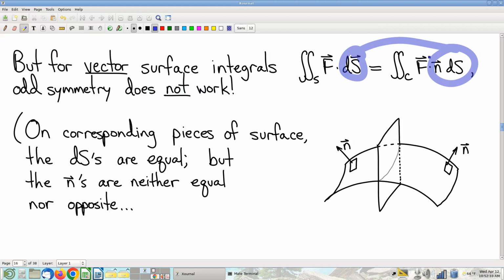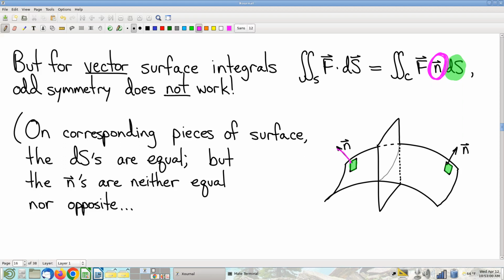I've got my orientation vector, I've got my dS scalar, and you can make a persuasive case that on opposite sides, this little piece of area and that little piece of area are the same. If you slice it up appropriately, then sure, that's true. But what is just not going to work is any claim to symmetries that you might make about the orientation vector.